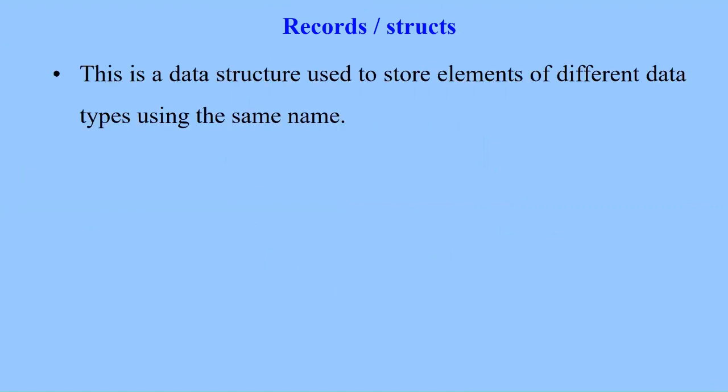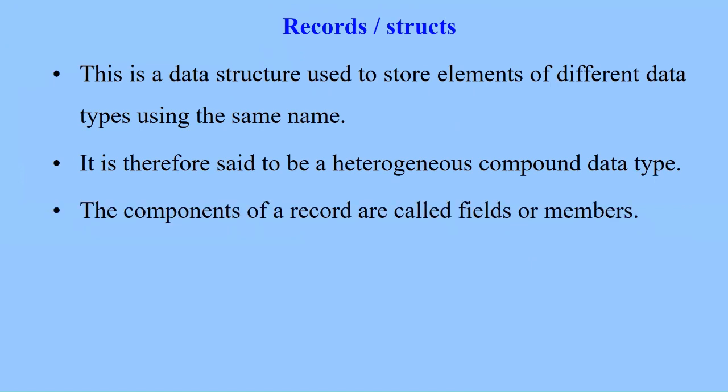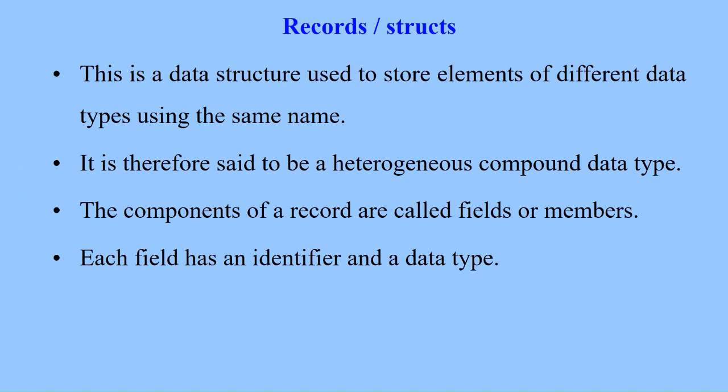Let's commence by looking at records, or what we call struct data structure. This is a data structure used to store elements of different data types using the same name. It is therefore said to be a heterogeneous compound data type. The components of a record are called fields or members, and each field has an identifier and a data type.